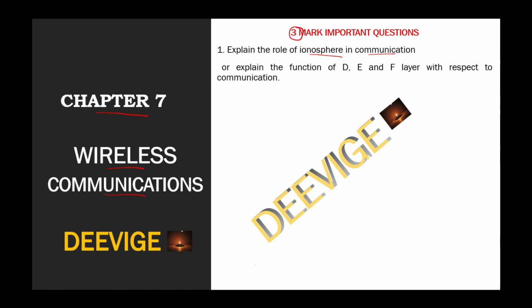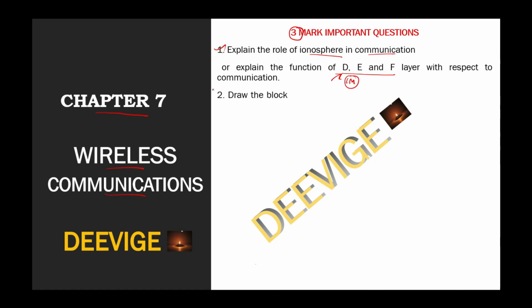Or simply it can be asked, write a note on D, E and F layer. Again this can be asked even as a 1 mark question, like which layer is present during night time, which layer disappears during night time, which frequency will be communicated through these layers, etc.